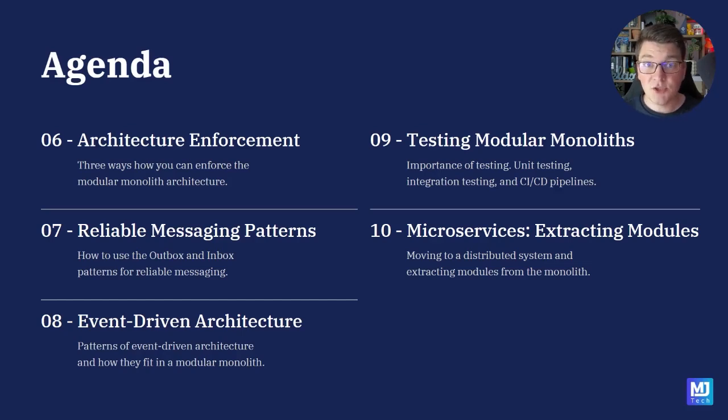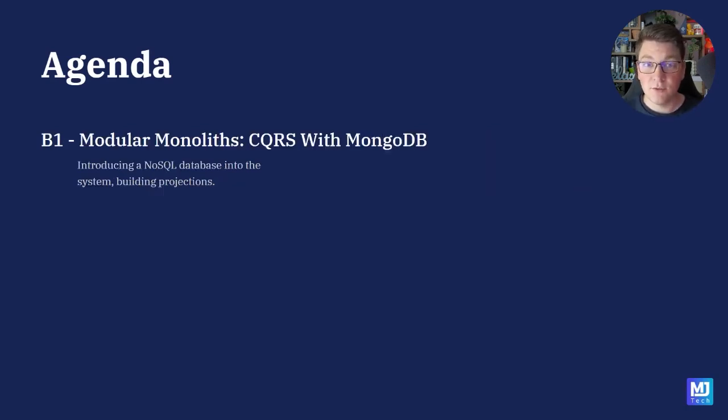And in the last chapter of the core course, chapter 10, we're going to cover how we can take a module from a modular monolith and extract it into a dedicated service so that we can move towards a microservices architecture. There is also a bonus mini course at the end where we are going to introduce MongoDB into the modular monolith and use it to implement CQRS projections.